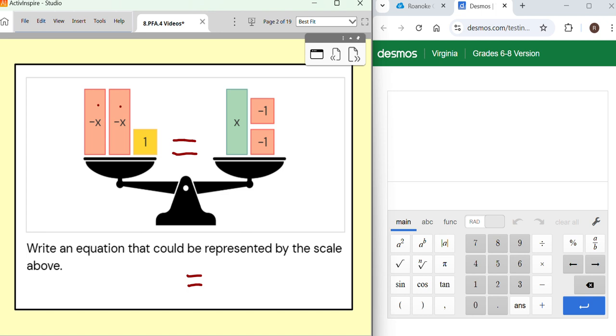There are two negative x's, so that would be -2x. Then there is a +1. So -2x plus 1 equals or needs to be the same as 1x minus 2. So you know that one side has to equal exactly what the other side equals.